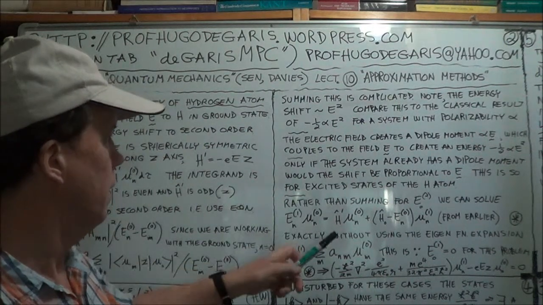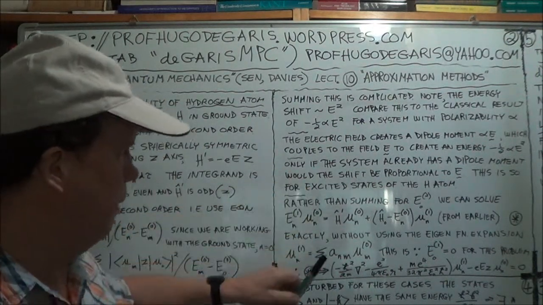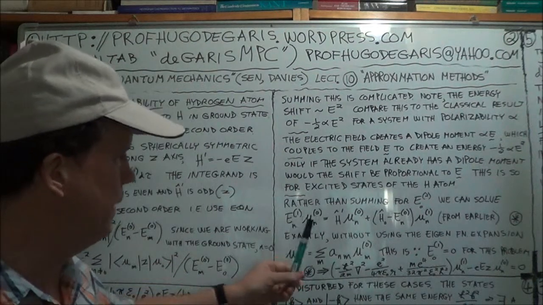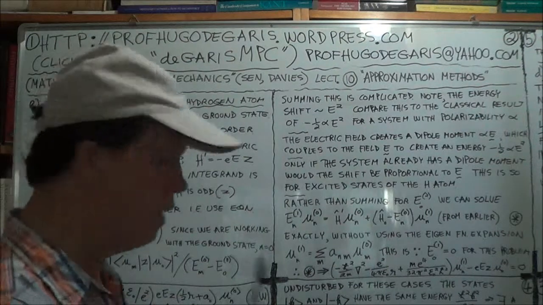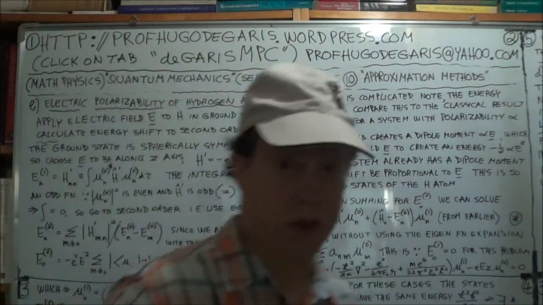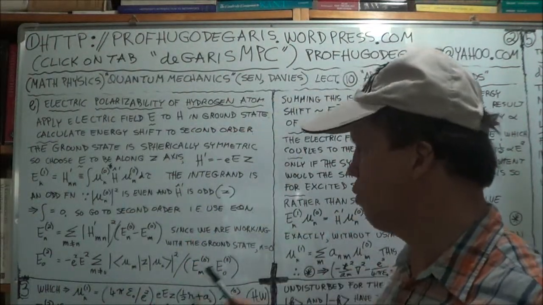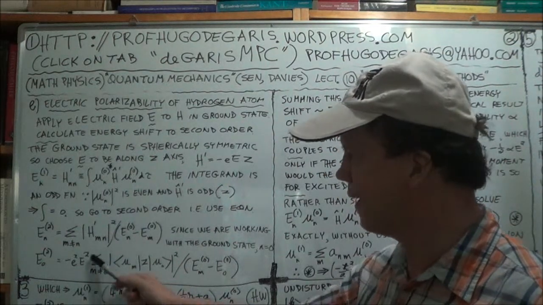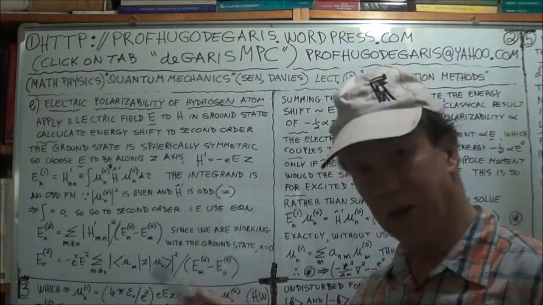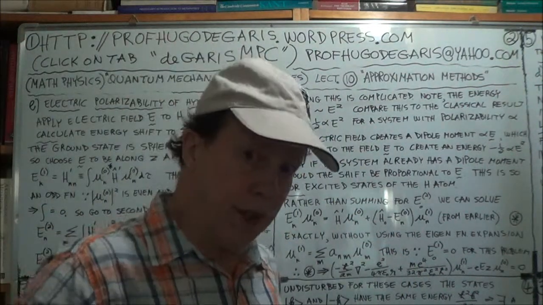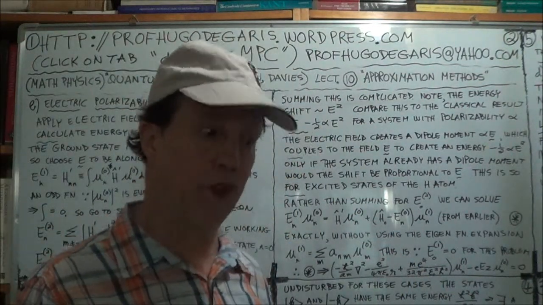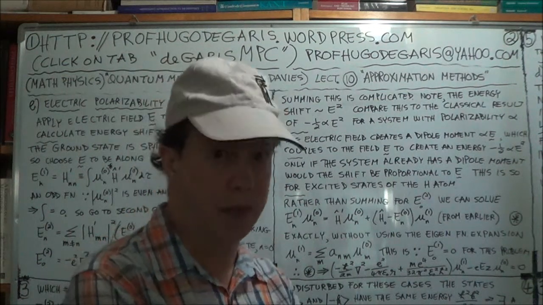Right. Now, okay, back to the math. Now, we don't have to sum. In this particular case, we don't need to work out this complicated sum of all these terms. There's a trickier, easier way, and it results from the fact that the first order correction E1 is 0.